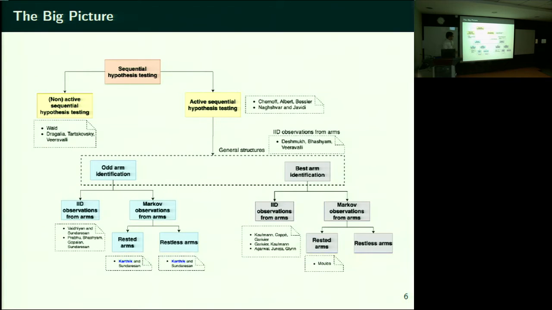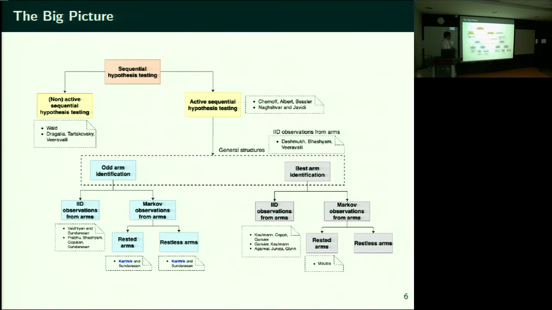Just to give you a perspective, there are other problems related to the one I'm describing. The movie example I showed you is a problem of odd arm identification, odd man out. There are other problems like best arm identification, where each arm is a process with a certain mean, and you identify the one which has the largest mean. That is the best arm.